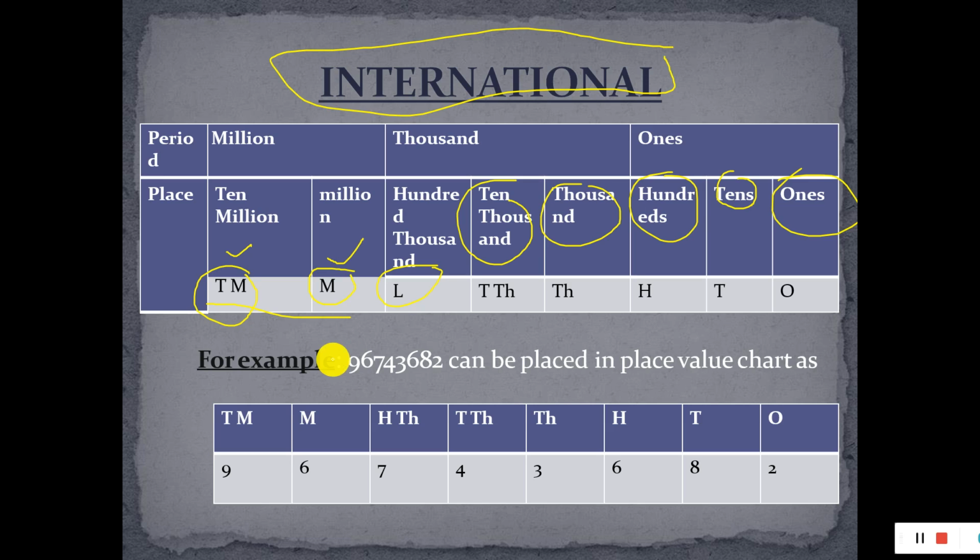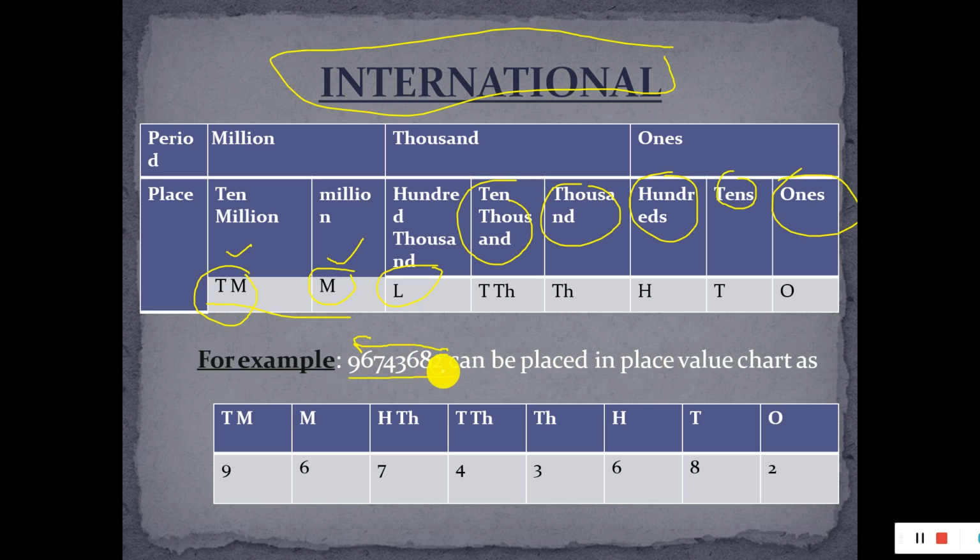So in the international place value system, if you have any number, for example 96743,682, it can be placed in the place value chart, and in this system we always start from the right and move to the left.